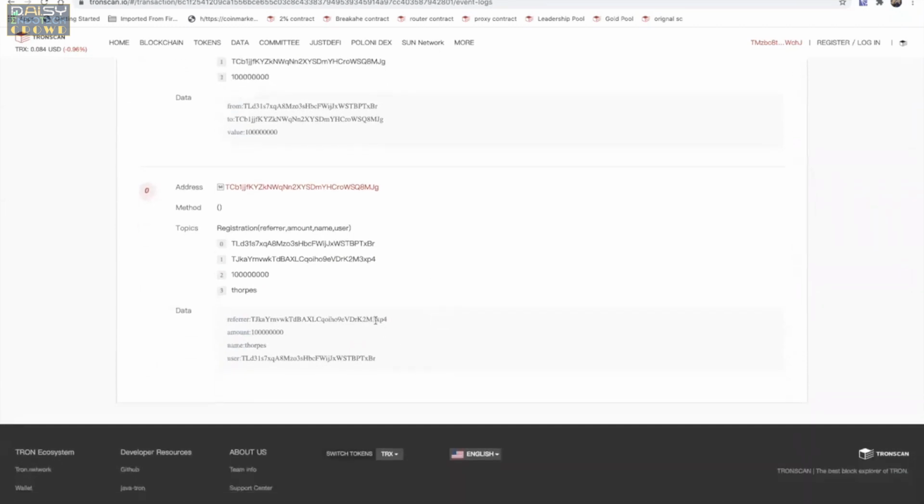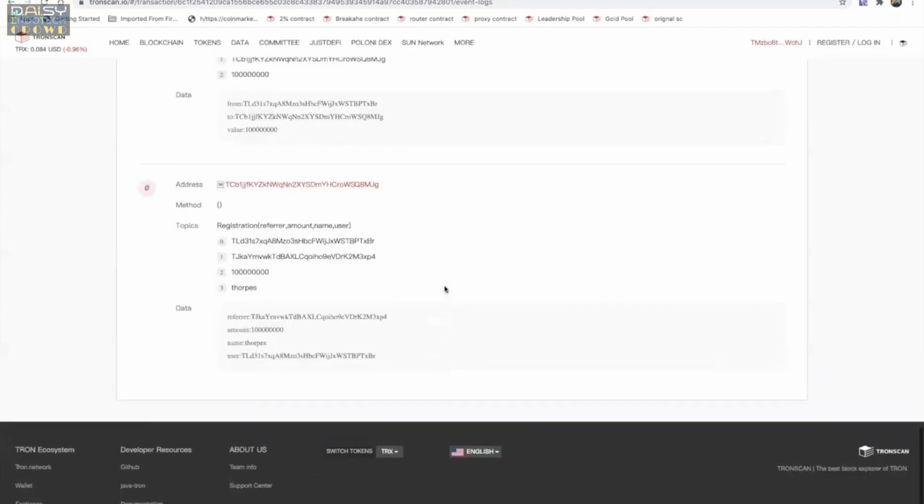And the refer is XP4. Okay. So XP4, and look, I'm sorry, I'll use the first letters. If you use the first 3 of the address, it's TJK. So the refer was TJK. This member's username is Thorpe's, and this is the user wallet. So do you see that? So they did not enroll through the person who's claiming to be the sponsor.